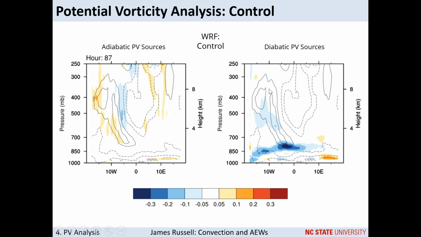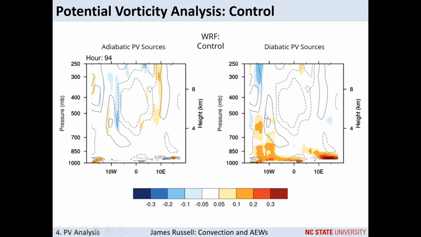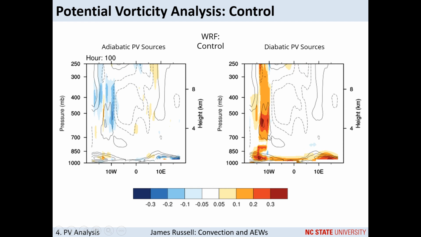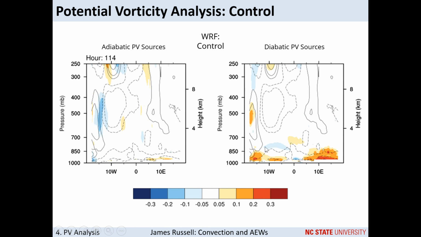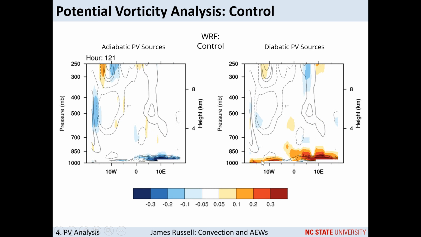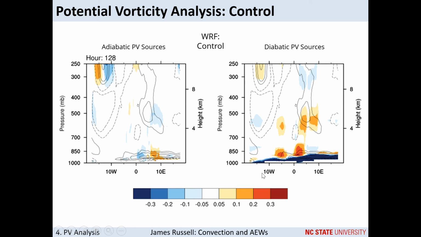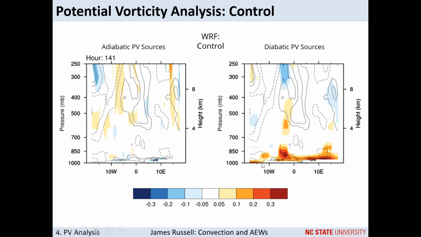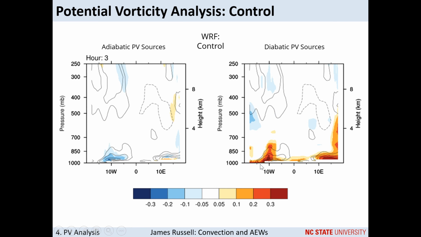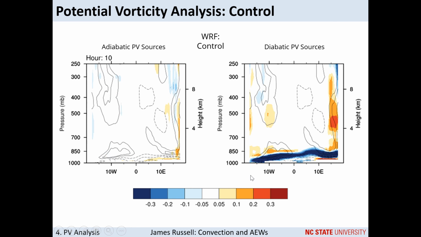Especially around now, you can see it really weakening. Now there's no diabatic sources, actually they're negative in some cases. And then we get a re-intensification of the convection and more diabatic sources back over the West African highlands and the Guinea highlands and the West African coast, where convection is prominent in that region.